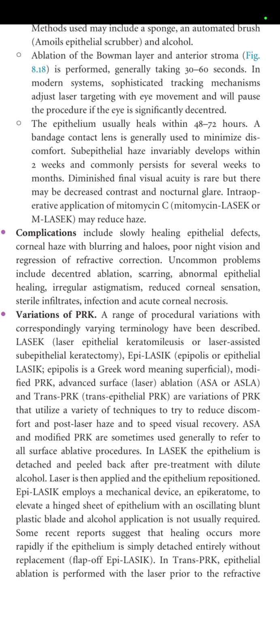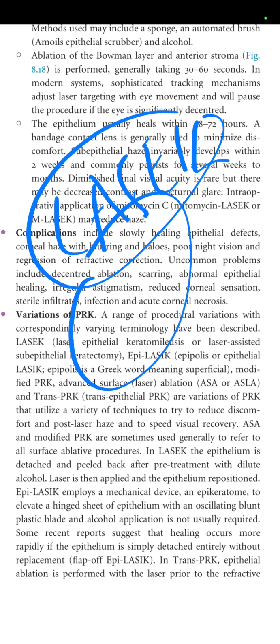In LASEK, the epithelium is detached and peeled back after pre-treatment with dilute alcohol. Laser is then applied and the epithelium repositioned. So in LASEK, you make a flap of epithelium, then you ablate the cornea, then put the epithelial flap back, and then you put the bandage contact lens over it.